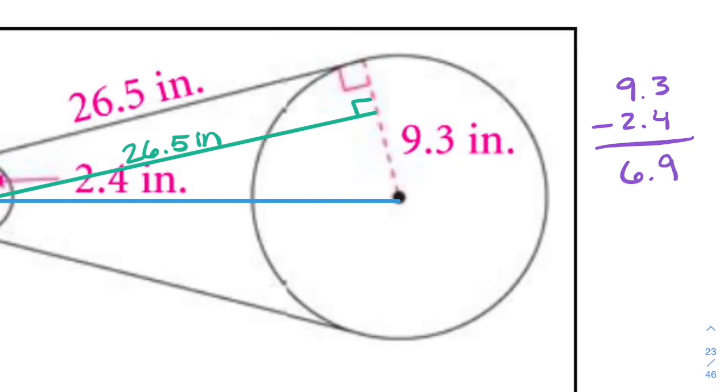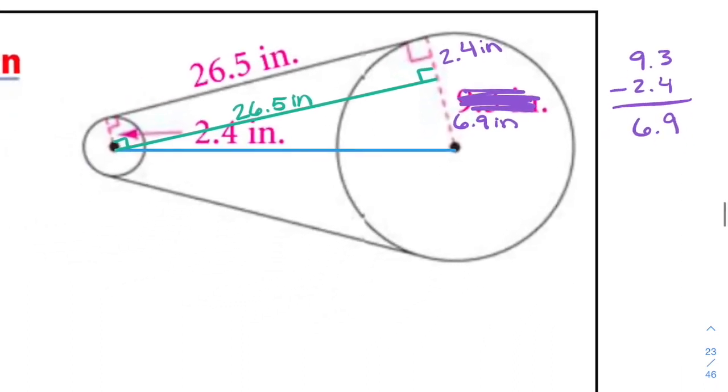So this part's 2.4, sorry. That part's not going to matter. One more time. This part right here now, I'm going to write that. So I broke up 9.3 into 2.4 and 6.9 inches. So now I have everything that I need to find the distance between these centers.